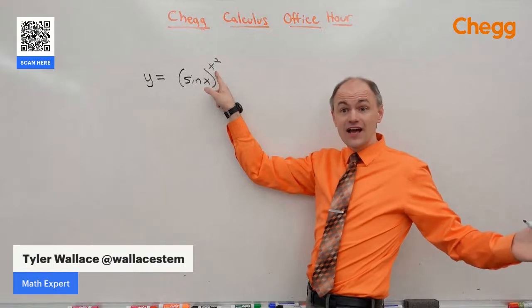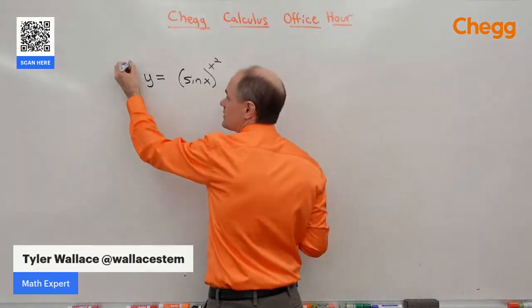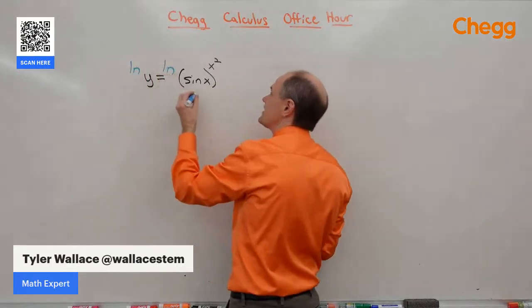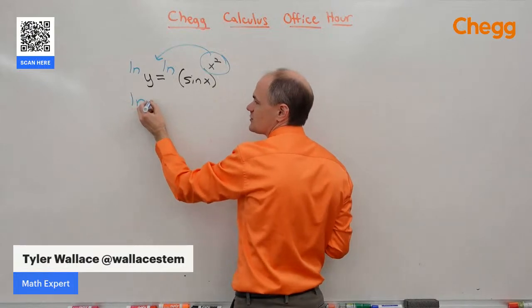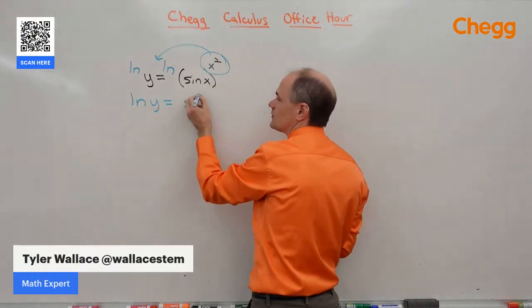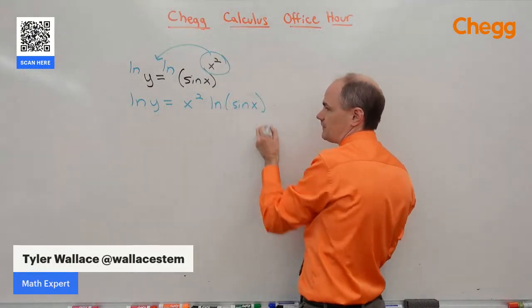How do we get something out of an exponent? With a natural log. We'll take the natural log of both sides because that's going to grab the exponent and move it out front, giving me the natural log of y is equal to x squared natural log of the sine of x.